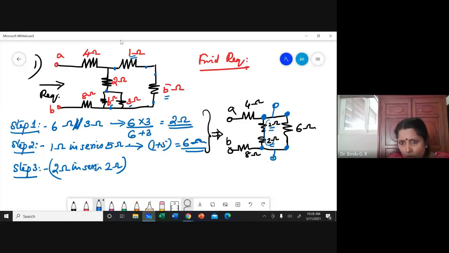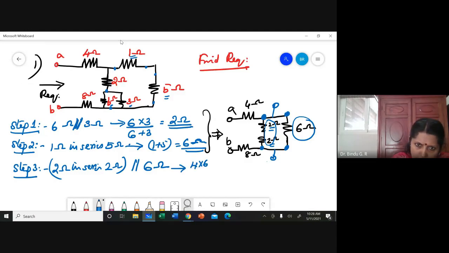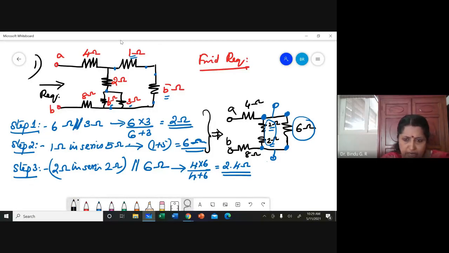So 4 ohm in parallel with 6 ohm, which means I will get 4 into 6 by 4 plus 6, which you will get as 2.4 ohm. So now I can redraw this circuit as 4 ohm and then another 2.4 ohm and then an 8 ohm.